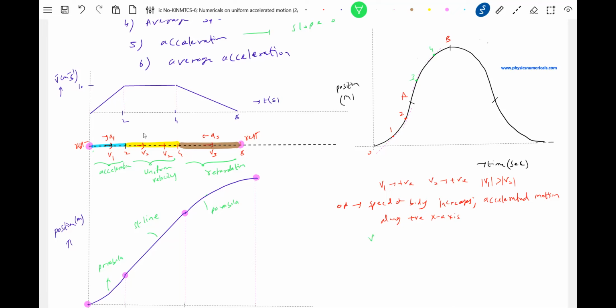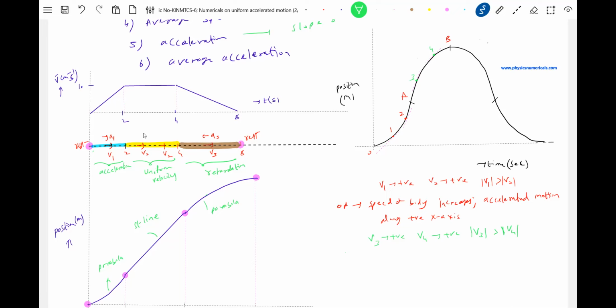So what is one more conclusion? V3 is positive, V4 is also positive, and the magnitude of V3 is greater than V4. So what's happening to the slope now?